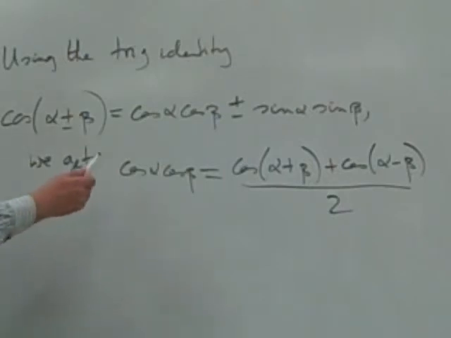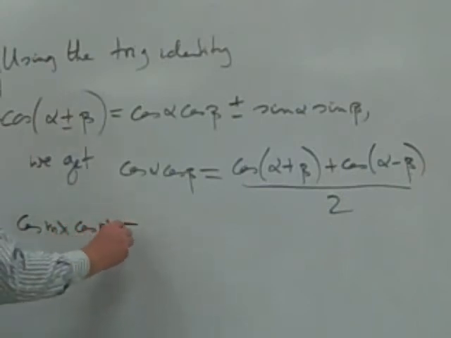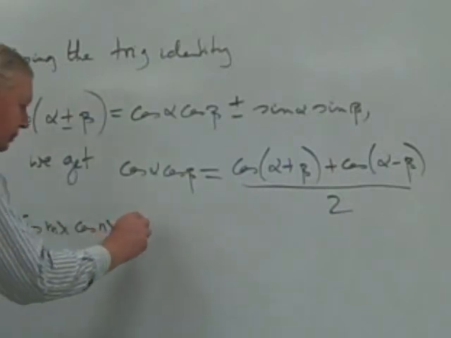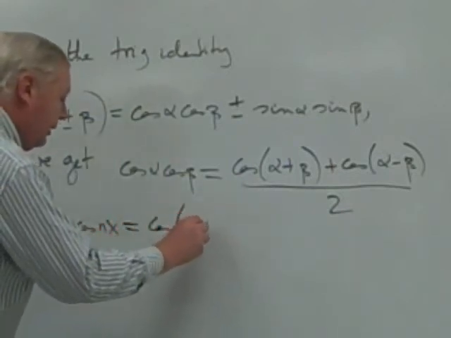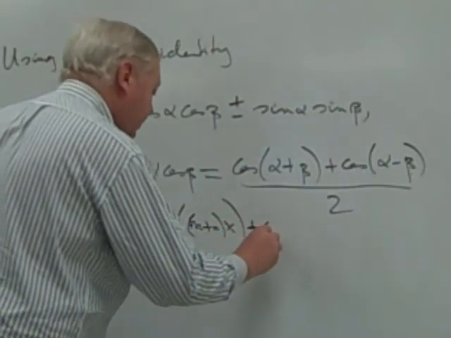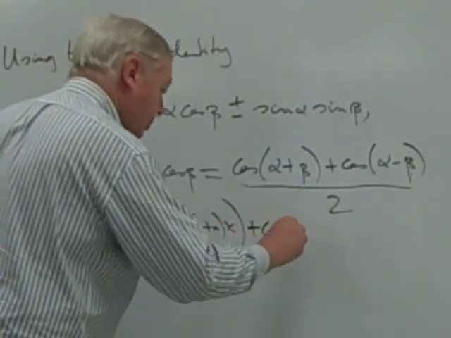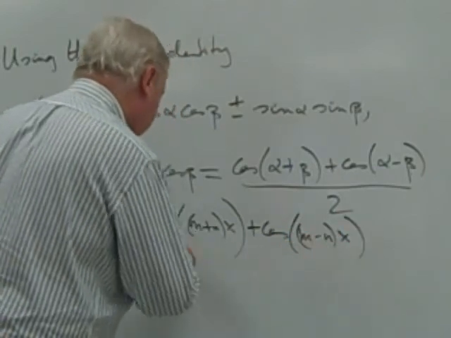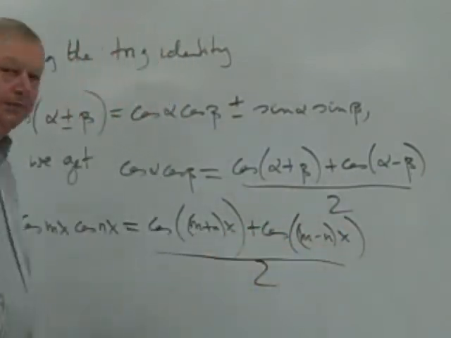So, for example, if we have a product cosine mx times cosine nx, plugging these in for alpha and beta, we'll get cosine of (m plus n)x plus cosine of (m minus n)x, divided by 2.